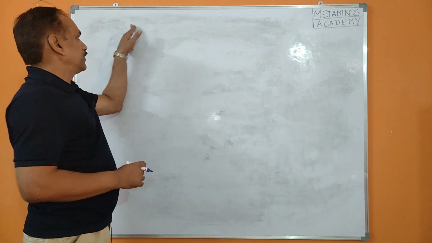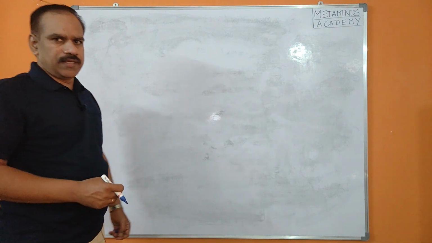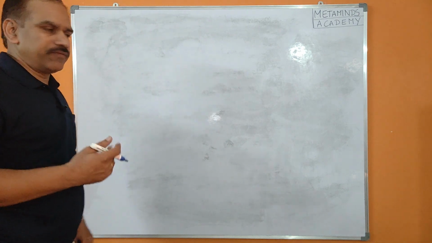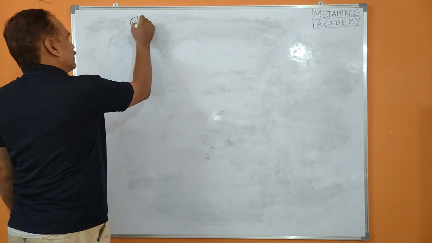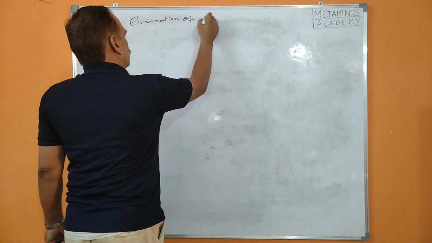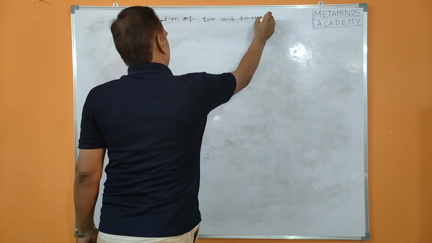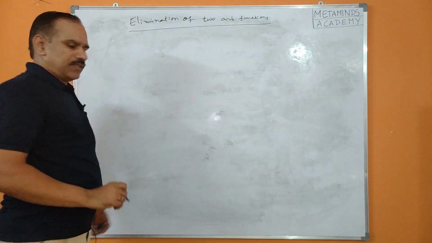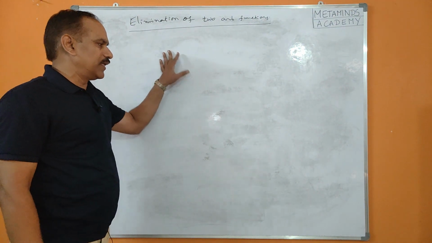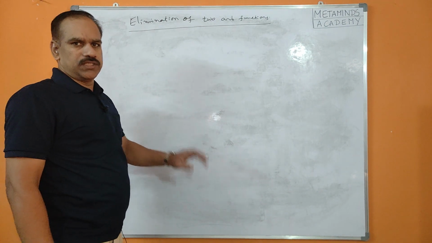Now the next concept that is somewhat difficult, the next level in elimination of arbitrary functions, is elimination of two arbitrary functions. Because there are two arbitrary functions, usually we get a second order partial differential equation as a solution.